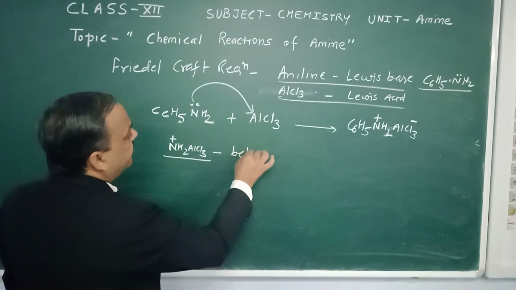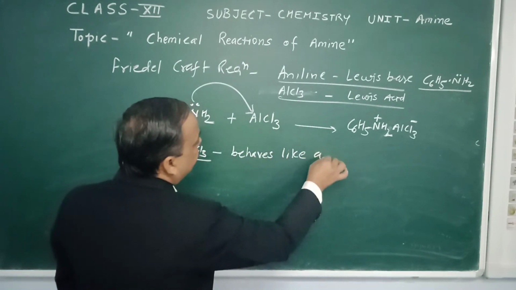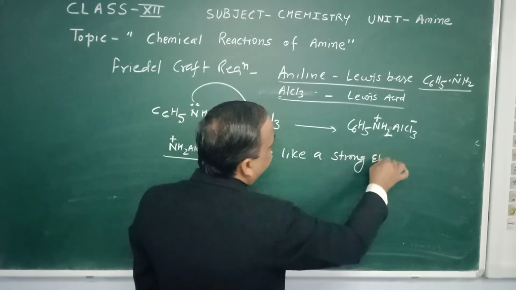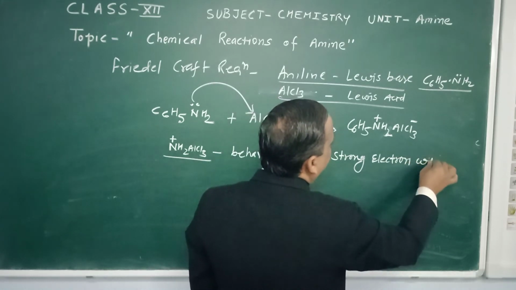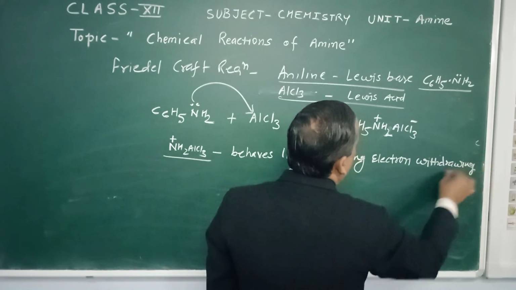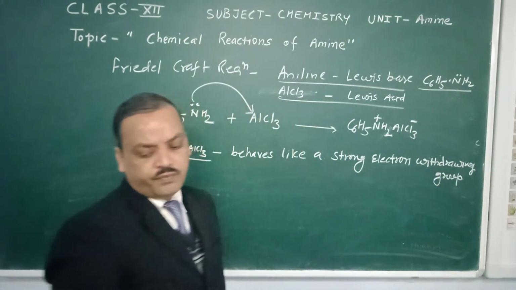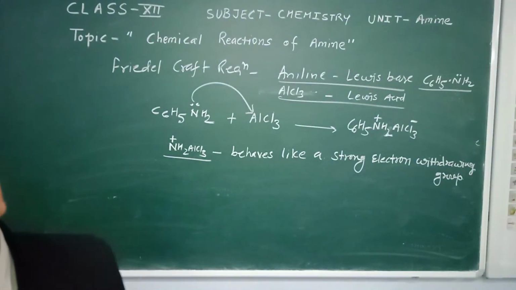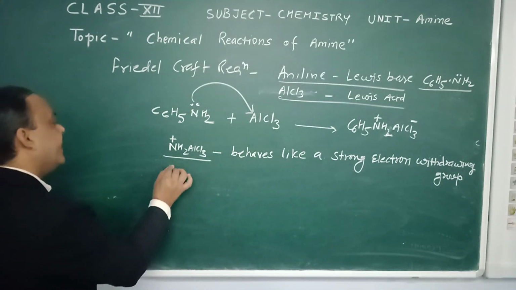This species behaves like a strong electron withdrawing group. Due to this, it reduces the electron density on the benzene ring.